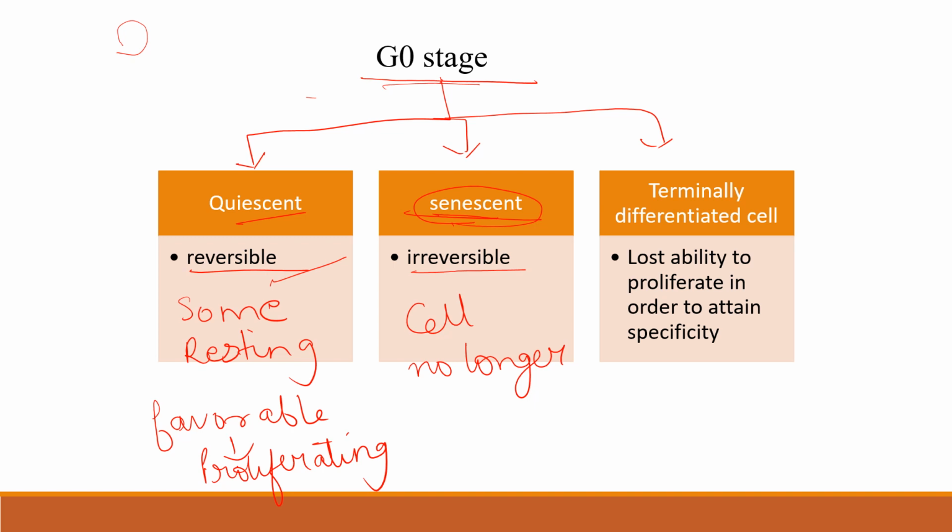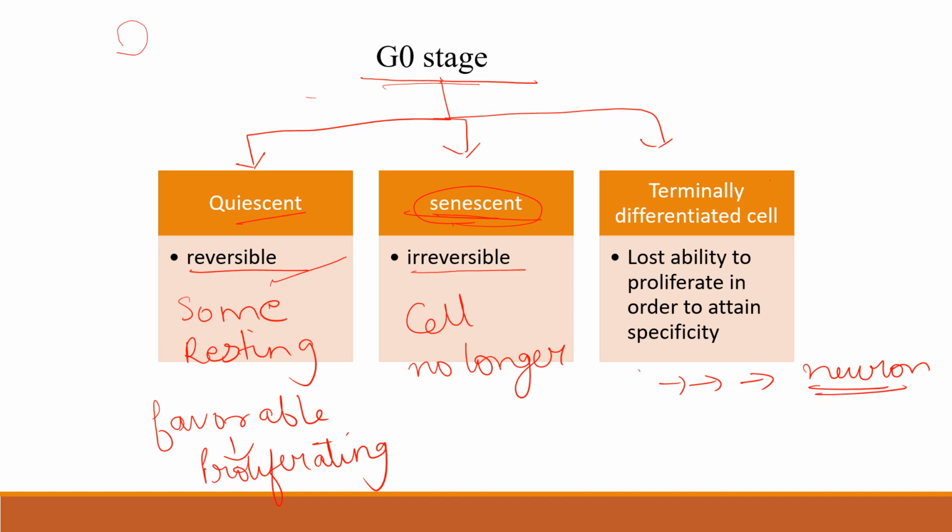Now terminally differentiated cell means that, as we all know, a cell needs to divide and divide to attain a specificity. Suppose from a stem cell, if a cell is destined to be a neuron, then it has to undergo a series of divisions before attaining its neuron stage.